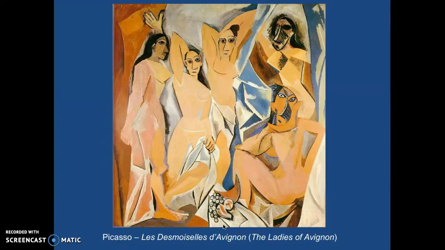So there is no grounding, there's no foreground, there's no background, there's no focal point. These images truly just exist on the canvas, and their relation to reality is very, very warped. So between the transition from analytic to synthetic cubism, Picasso has essentially taken away all of the basic things that originally held an image together.